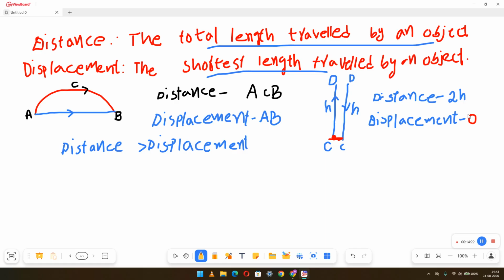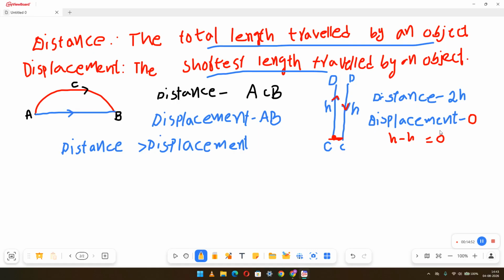Displacement has a certain direction. It travels h distance in this direction and it travels h distance in the opposite direction. That means h minus h is equal to 0. Here displacement is 0. The shortest length travelled by the object is 0.